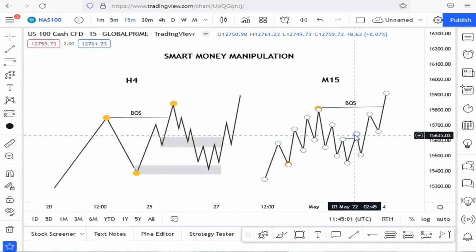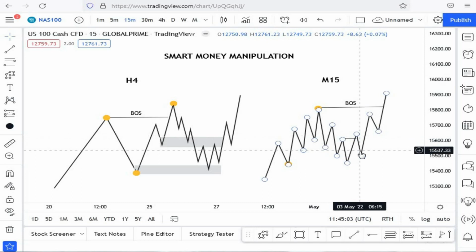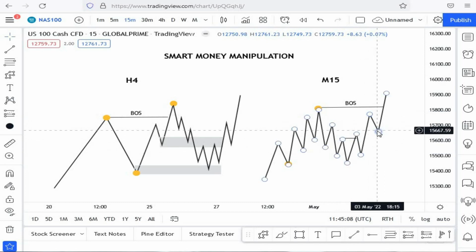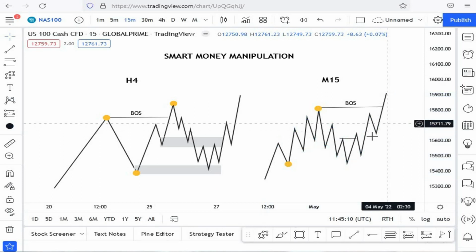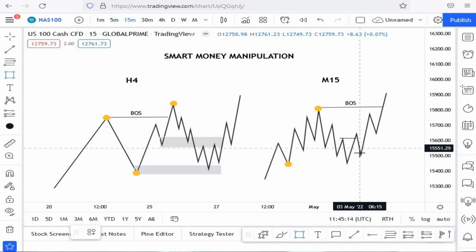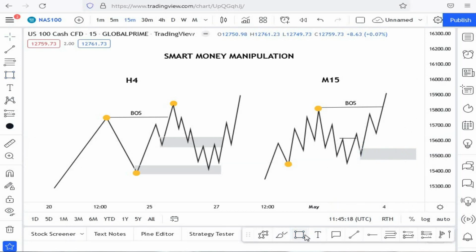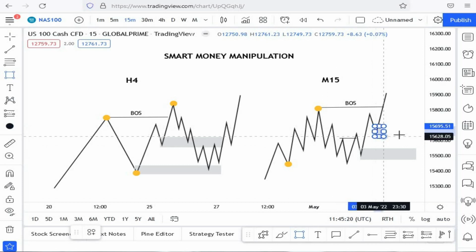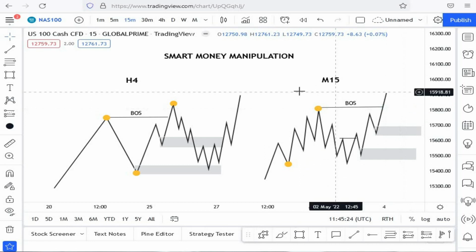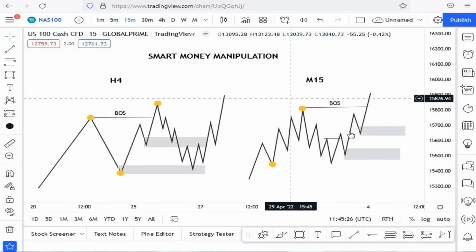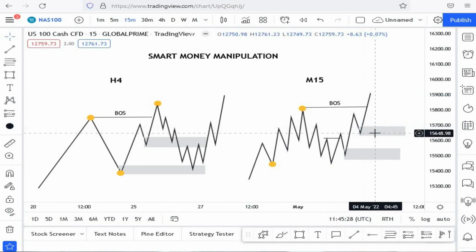The next thing which you expect after a choke, you expect a pullback, and then the price will continue going up. So while the price is going up, what you have to understand is that this zone was never mitigated while the price is going up, but the price can also create these types of zones like this, as you can see, meaning they will leave these zones unmitigated.